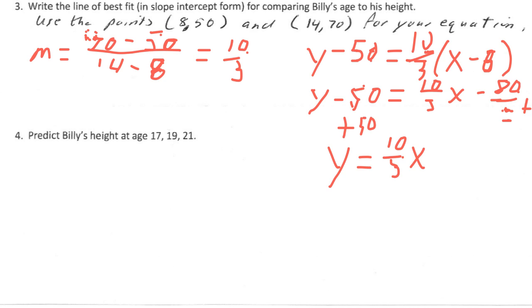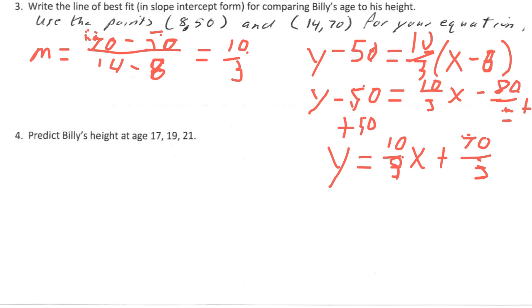And that's going to be plus 70 over 3. Those are threes. All right, so we got 10 thirds x plus 70 thirds.